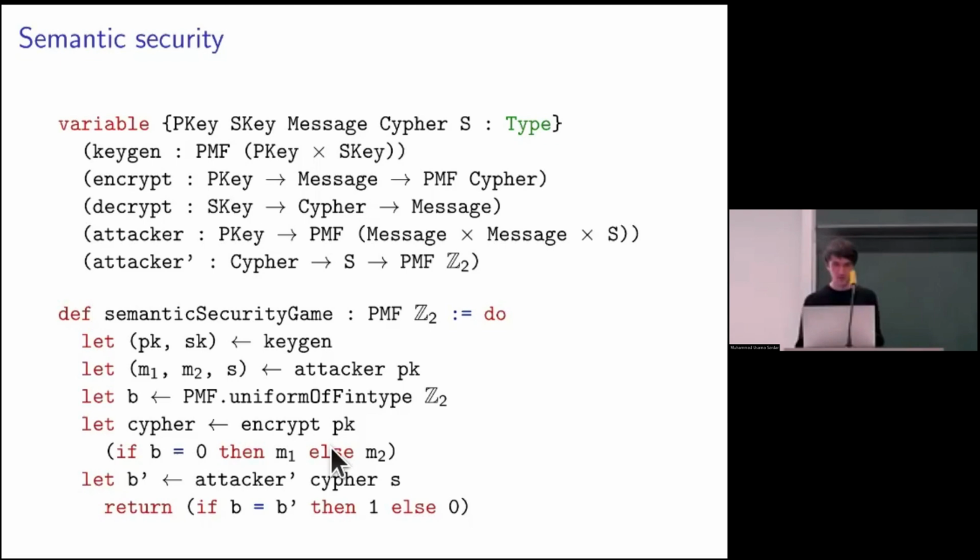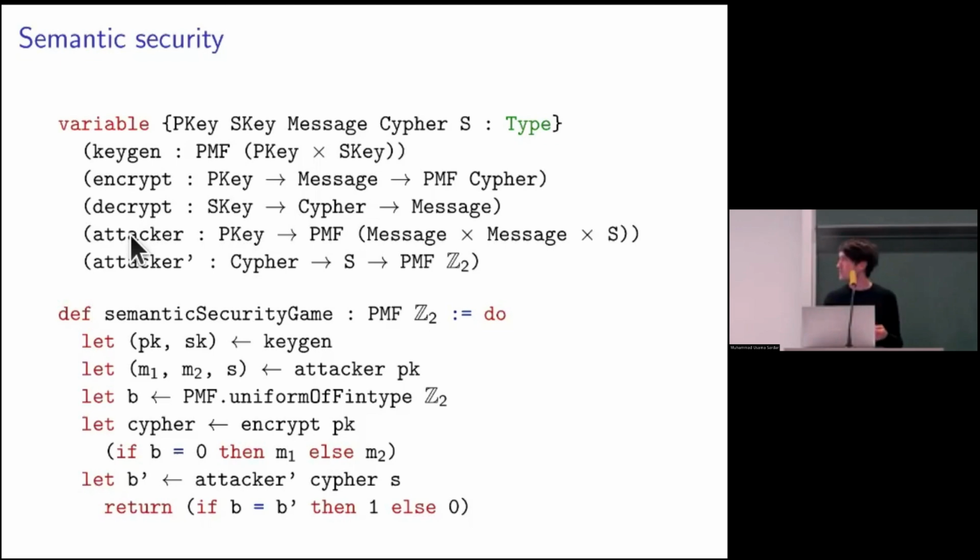And then we can specify the main property by essentially defining the probability for the attacker to output 1 here, this P variable here, and then we ask for this probability to be within negligible bounds from 1/2.